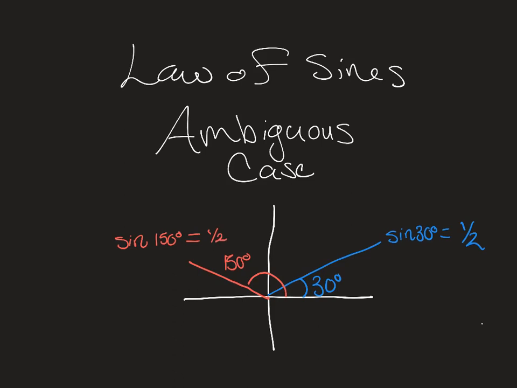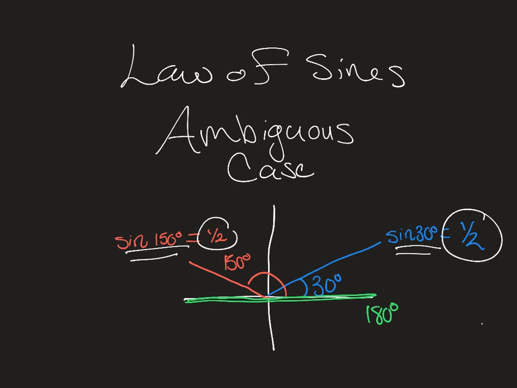The reason we're only looking at the first two quadrants is because this green line I'm making is 180 degrees, which is the biggest angle you could have in a triangle. So sine of 30 degrees and sine of 150 degrees both equal a half.